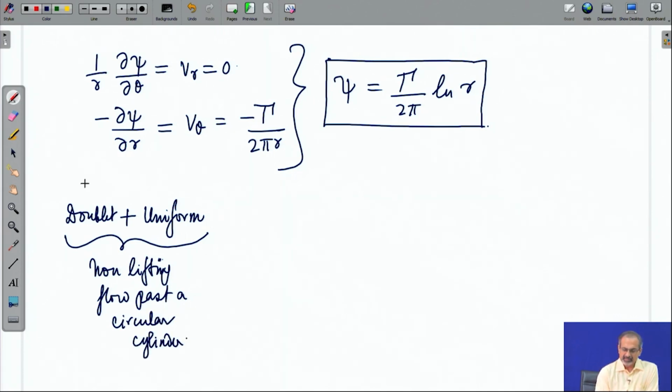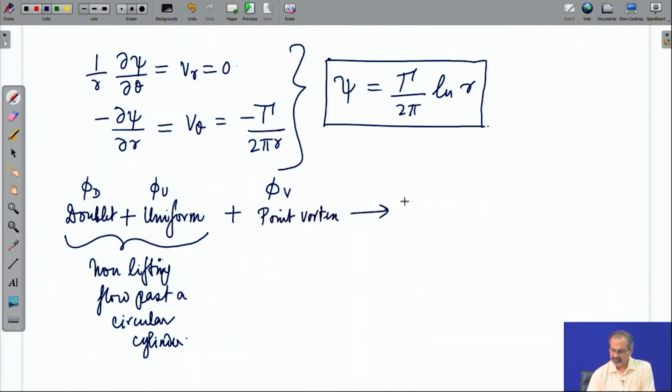So, we had summed up the phi for the doublet and the phi for the uniform flow. And then if you sum it up with the phi for the point vortex, what do you end up getting? You get lifting flow past a circular cylinder.